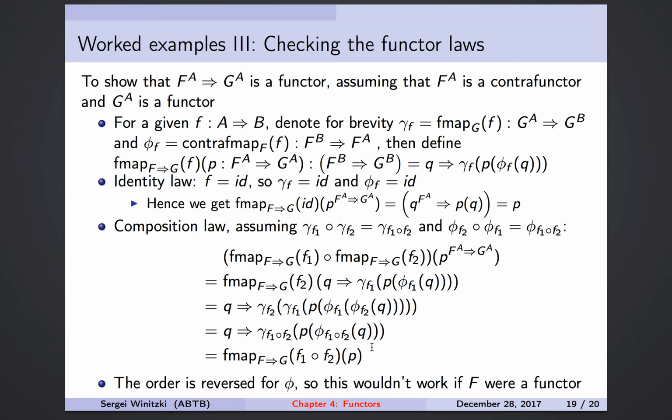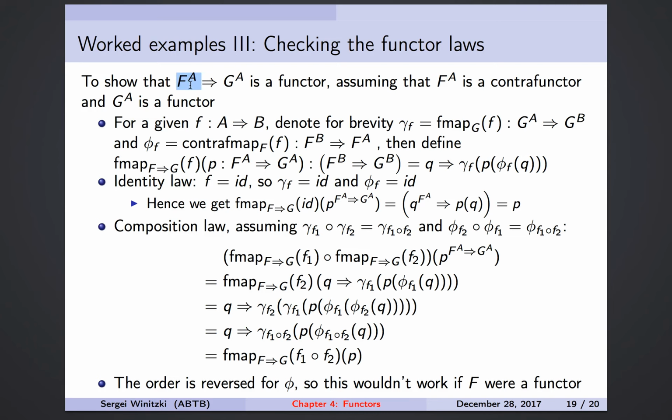Note that the order of the compositions must be reversed for phi, otherwise this just won't work. If phi did not have this reversed order in this composition, the proof would not go through. So this won't work if F is a functor. F must be a contrafunctor, which is what we expected from intuition. From our intuition, whatever is on the left has reversed its covariance.